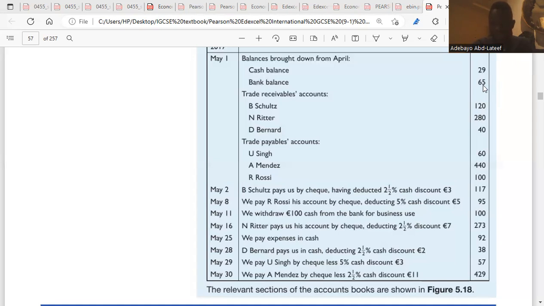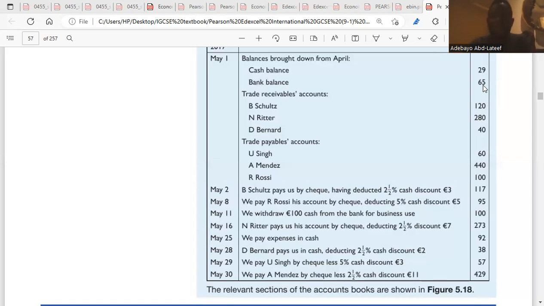Now on the 16th, Hendry Retail pays us his account by check, deducting 2.5% discount, which is 7 euros. So Hendry Retail is also one of our credit customers, and it's paying by check. So if Retail pays us by check, we give Retail 2.5% discount, which is equivalent to 7 euros. Retail is owing us 280 euros.